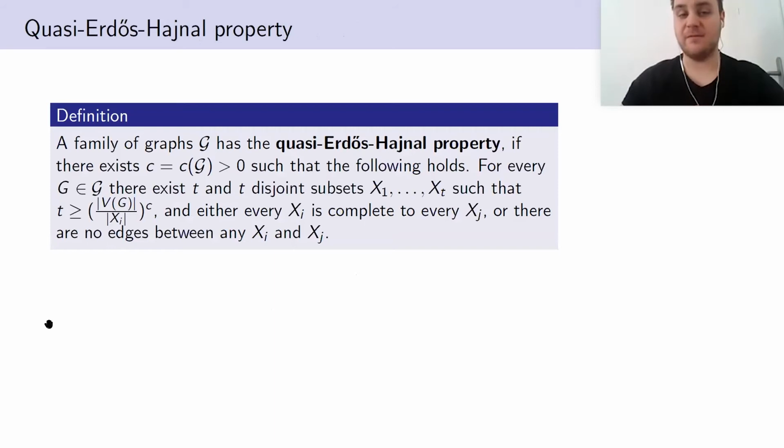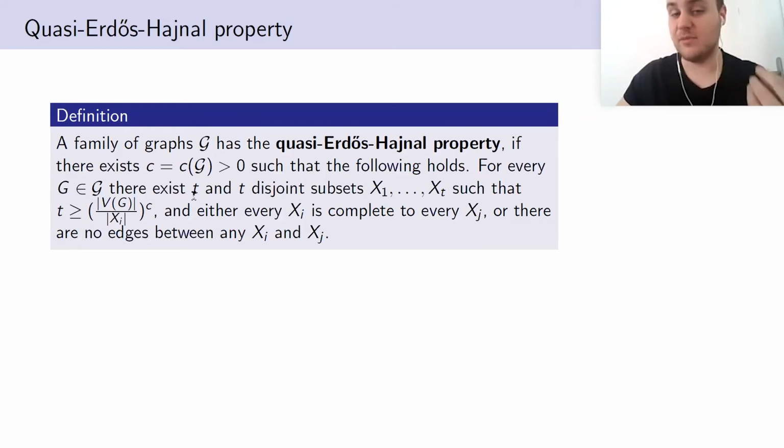I'm going to say that a family of graphs has the Quasi-Erdős–Hajnal property if there exists some constant C. This definition is slightly technical, so let me try to say it in words. It says that it has the Quasi-Erdős–Hajnal property if for each member G, there exists some T. It's important that this T depends on the graph G itself.